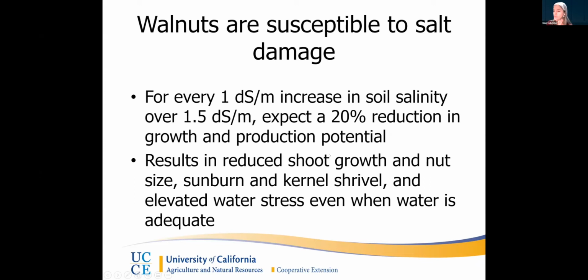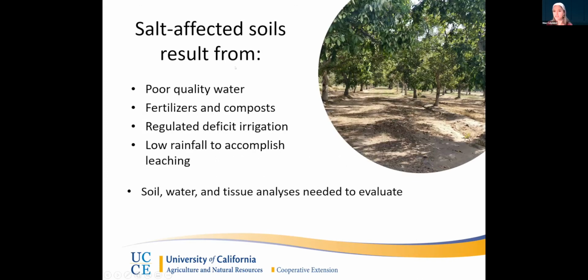So if you're doing stem water potential readings, like Ken and Bruce were going over, sometimes even though well watered, the trees may indicate that they have a higher level of stress. So what causes this?